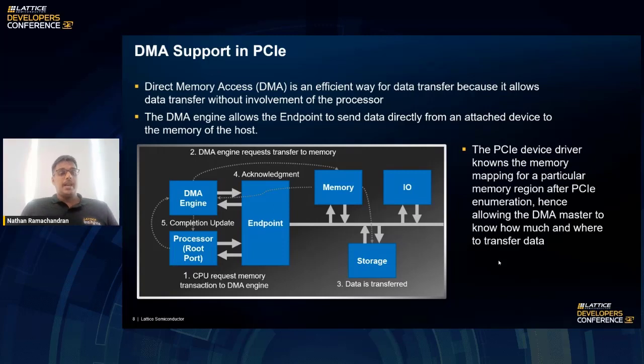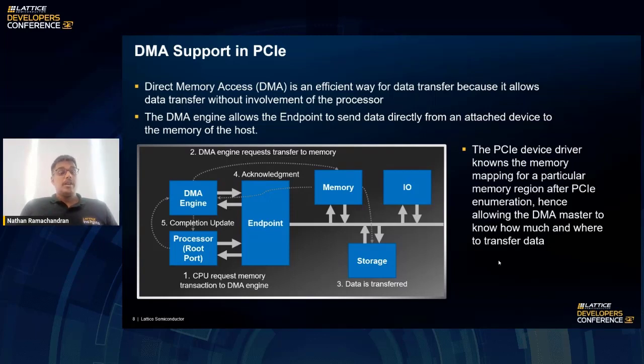And the DMA engine will start to request a transfer of memory, and the data is transferred from the storage to the endpoint or from the IO space to the endpoint. So once the transfer completes, then the acknowledgement is sent from the memory to the DMA engine. So the processor is not involved in this process as well. The processor only gets an update from the DMA engine that the transfer is completed. A completion update is provided.